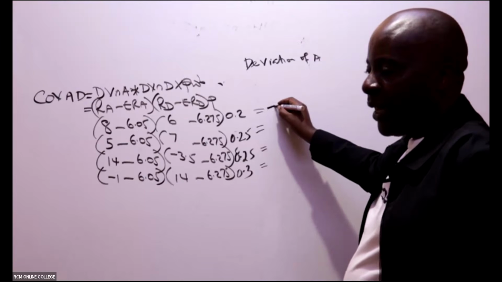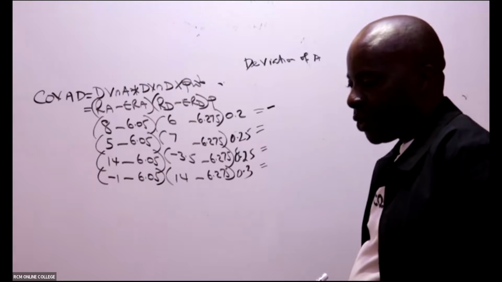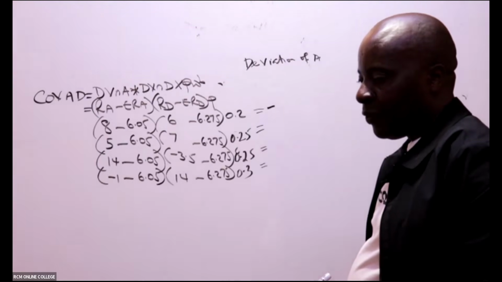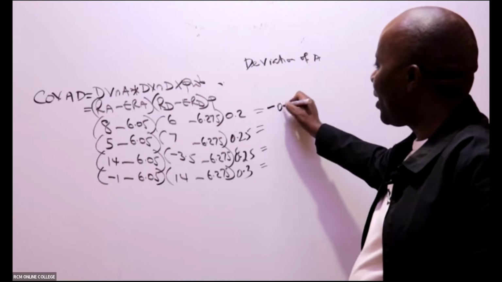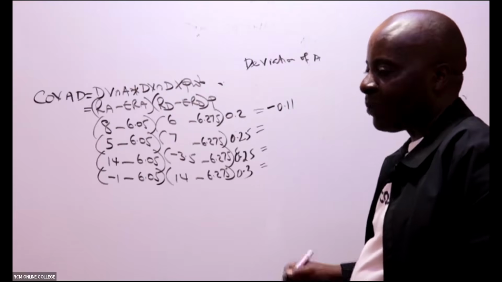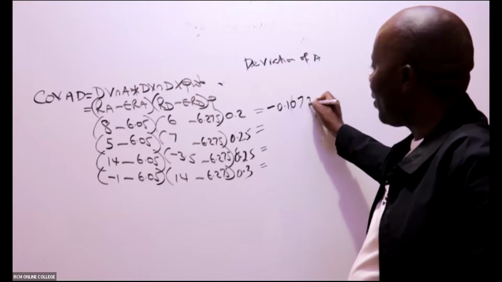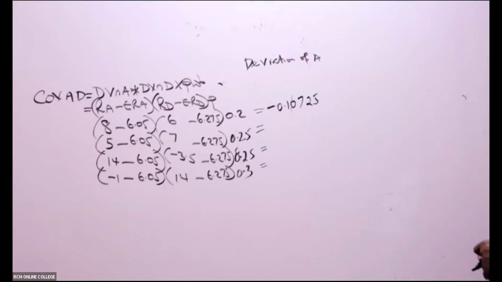Please give me the first one. The first one, minus 0.11. Minus 0.10725, no problem. Let's write everything.